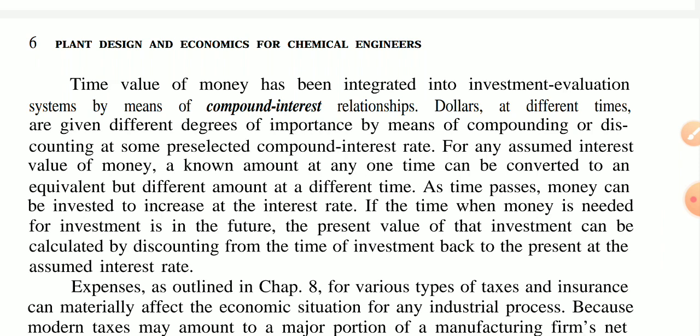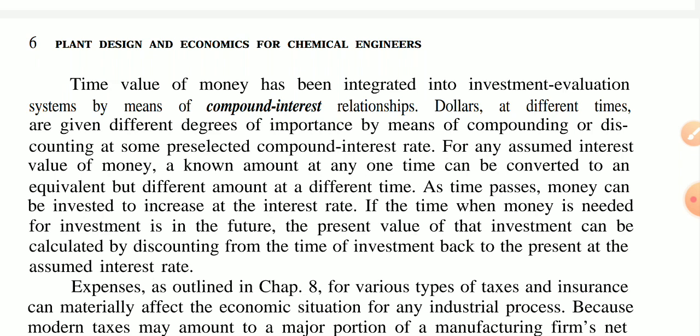Using a compound interest rate for any assumed interest value for money, a known amount at any one time can be converted to an equivalent but different amount at a different time. As time passes, money can be invested to increase at the interest rate.